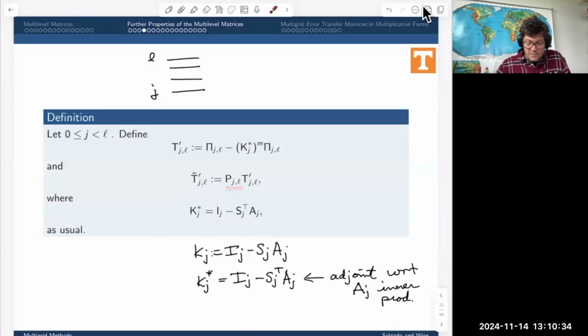This is the multi-level prolongation. Remember, this goes all the way from J up to L. It skips a bunch of levels in getting there. So if I multiply this times that, I get a non-square matrix, and that non-square matrix is precisely the pi JL tilde prime matrix. I apologize that these don't have good names in English, but at least the symbols make sense.